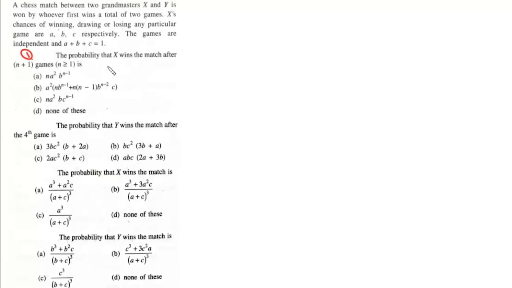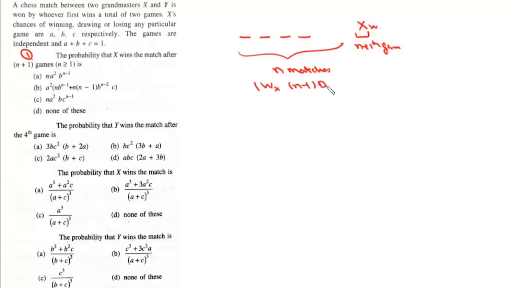Now X is going to win after n plus 1 games if in the n plus 1th game X wins, and in the remaining n matches it should be 1 win for X, and it could be n minus 1 draws, or it could be 1 win for X, 1 win for Y and n minus 2 draws.